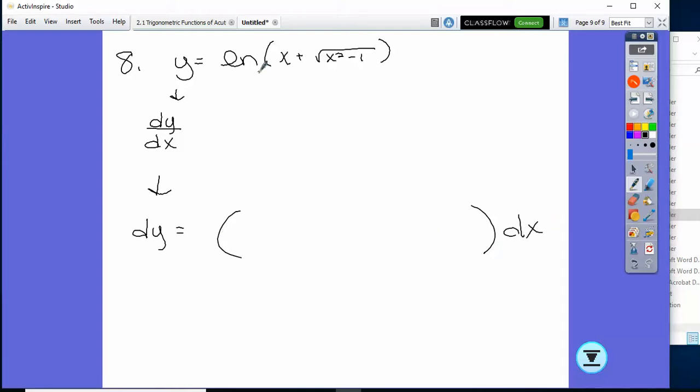So if I want to do this derivative, keep in mind a square root is like a 1/2 power. Okay, derivative of a natural log is what? 1 over the argument.